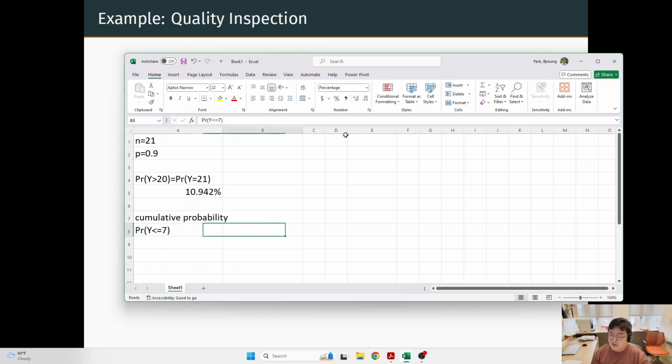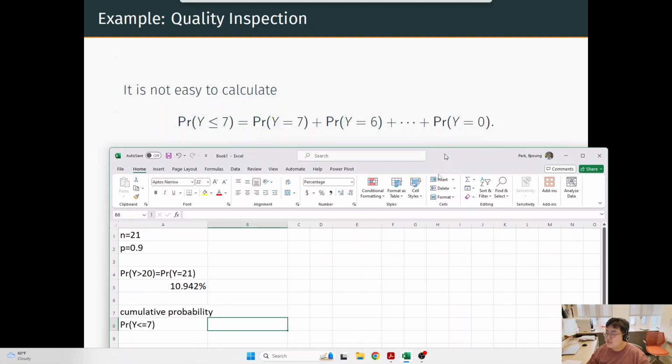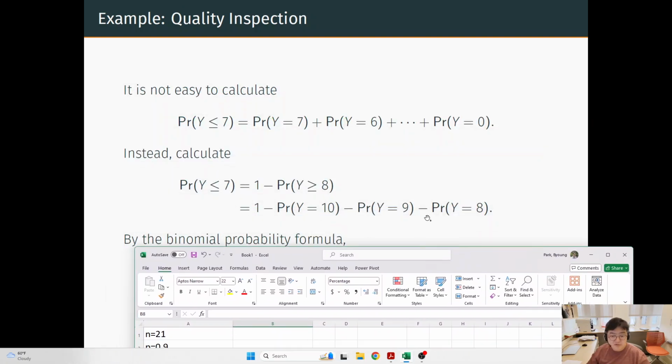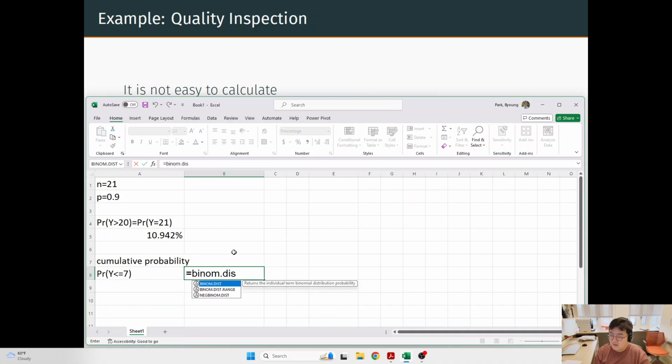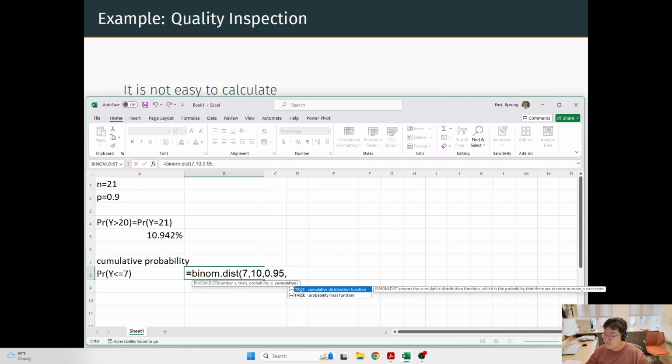You may calculate this by splitting the probability into multiple equalities. But actually on Excel, what you can do here is say, number of success is 7, 10, 0.95, and just choose true.